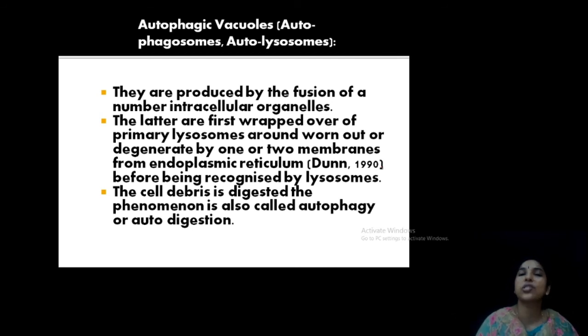This phenomenon is known as autophagy; the organelles are destroyed by their digestive enzymes. They self-destruct. That's why they are known as suicidal bags. They are autolysosomes or autophagic vacuoles. So, primary, secondary, residual and autophagic vacuoles.